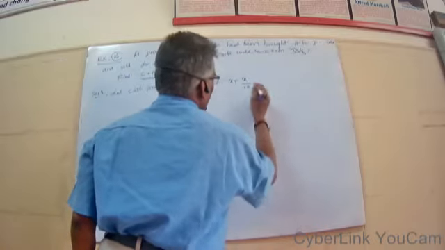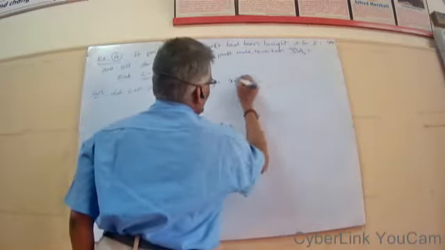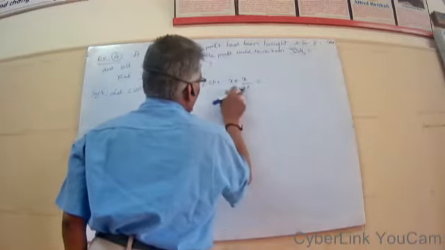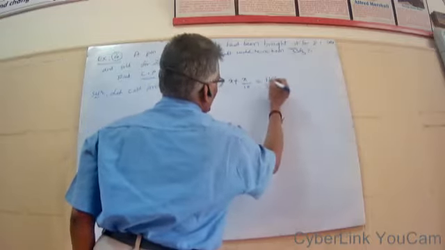So x plus x by 10, which is 10x plus x, that is 11x divided by 10.